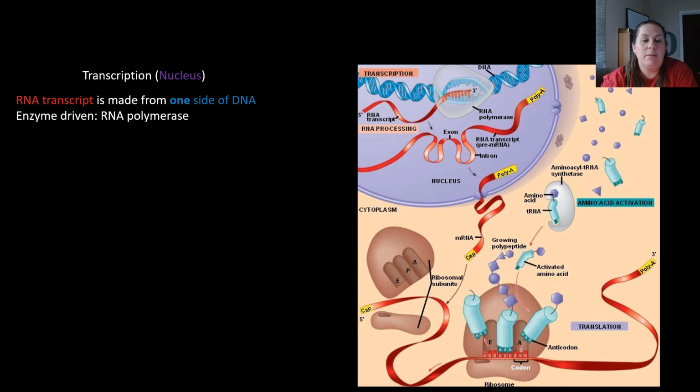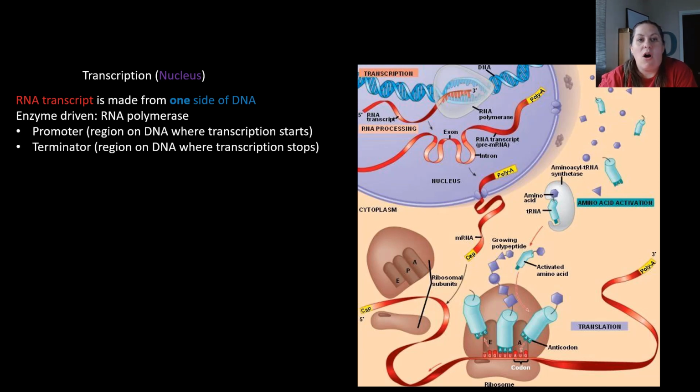It's going to be RNA polymerase here, RNA telling you we're making RNA. Now, on the DNA, there's going to be a region that is called the promoter. This is the region of the DNA where transcription starts. The copying of all those nucleotides will continue until a terminator is reached. This is the region of the DNA where transcription stops or ends.